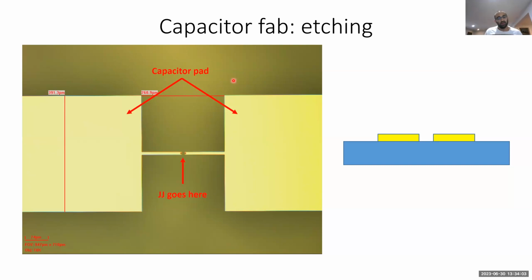Given that we work on sapphire, we would rather use a fluorine-based process in order to eliminate any possibility of potential interaction of our etching with our substrate. The reason why aluminum doesn't interact with fluorine-based processes, I don't know the specific reason. It probably has something to do with the surface chemistry of aluminum.